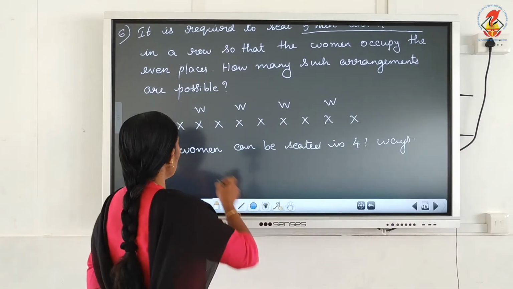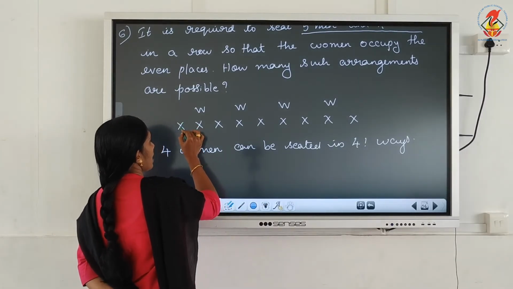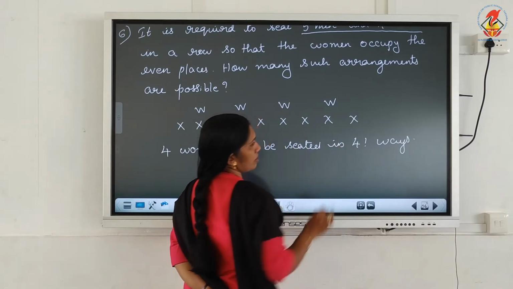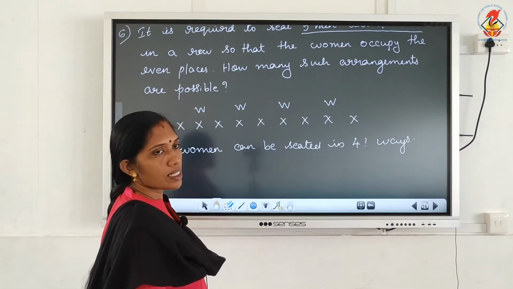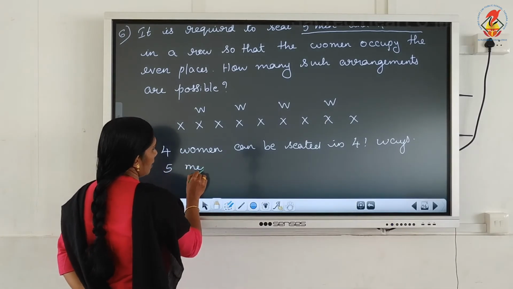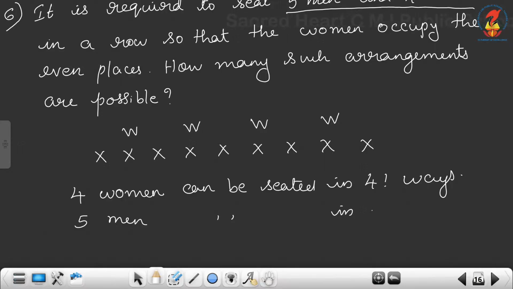5 men are there and 5 odd places. They can sit in this place or this or this or this or this. So there are 5 places and 5 men, so we can write 5 men can be seated in 5 factorial ways. Therefore, the required number of arrangements: both we need, so we have to multiply.